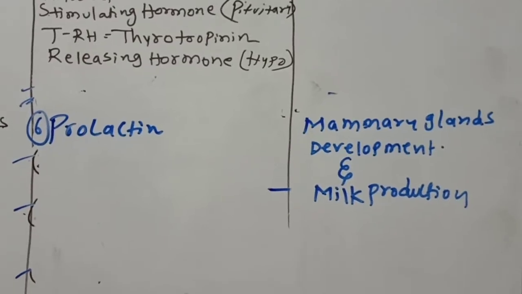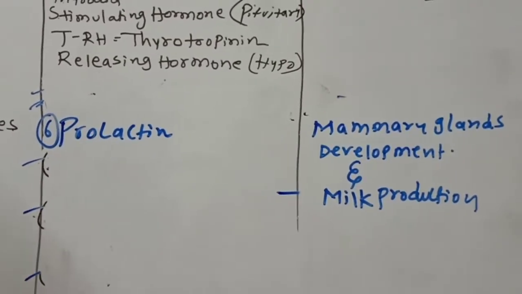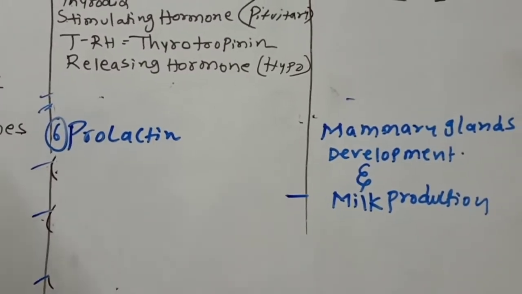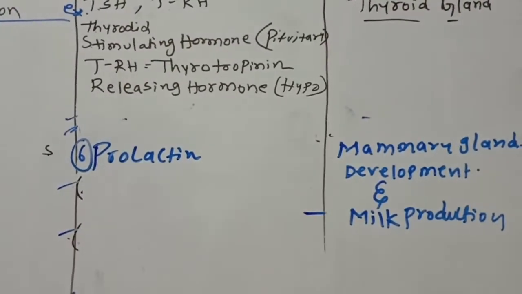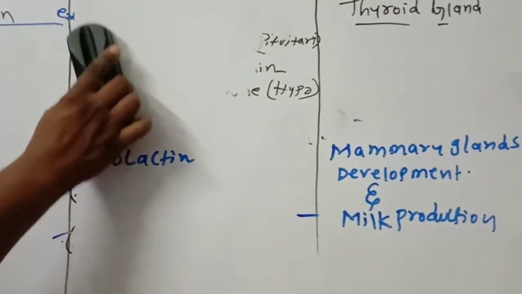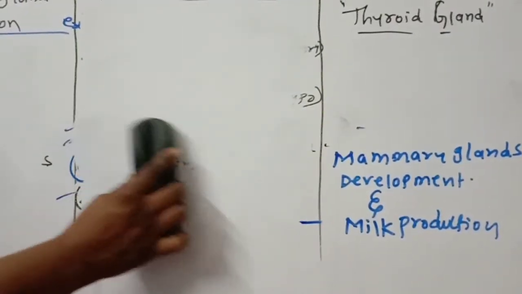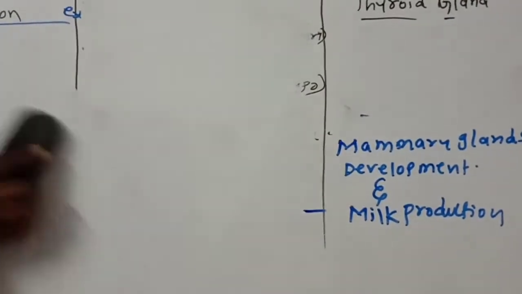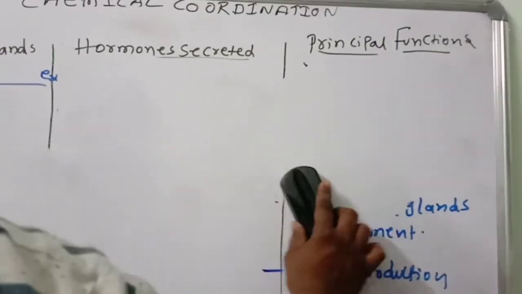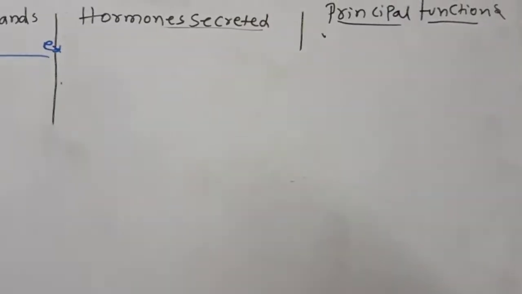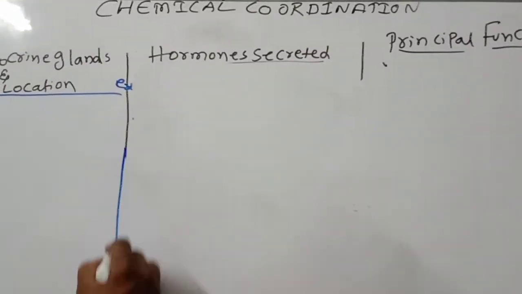The next important topic is the intermediate lobe of the pituitary gland. Children, observe very carefully.